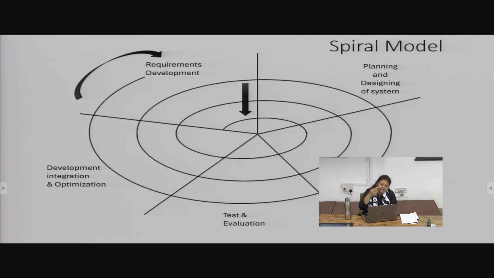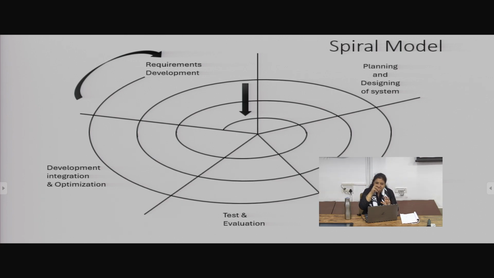Then the next requirements will be developed in this particular phase, right? And then we will keep on doing the planning and designing for the additional requirements. So this is how the next phase will be completed. That will be the system configuration. So you see the five phases will keep on repeating.